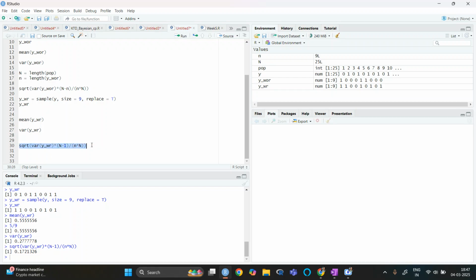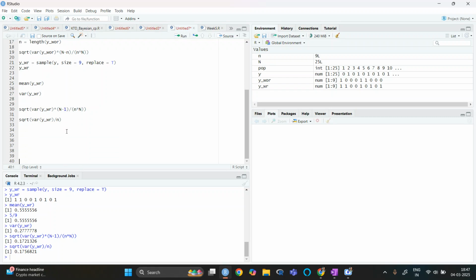If I remove this portion and just divide by small n, you can see that the difference is not too high, it is almost the same. It is 0.1721, it is 0.1756.